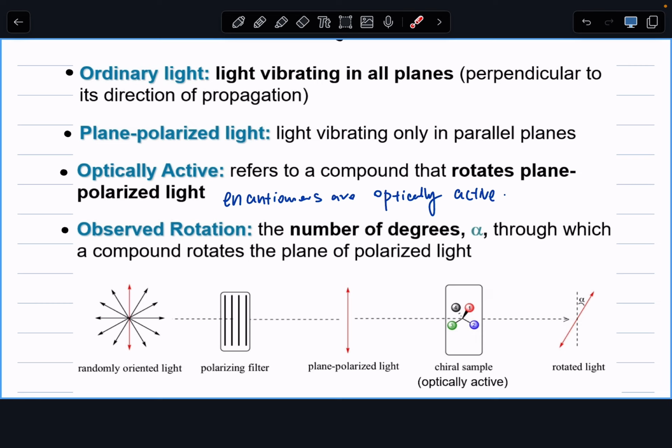And you can imagine when you have a pair of enantiomers, one of them is going to tilt the light to the left, the other is going to tilt the light to the right. And then the final observed tilted angle tells you information about the ratio of enantiomers in your sample.